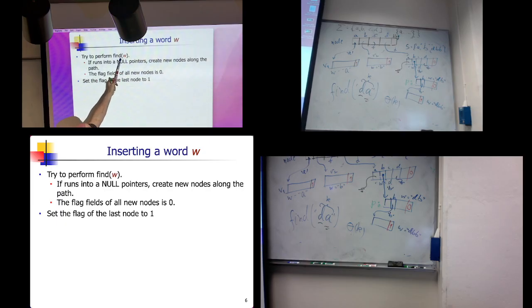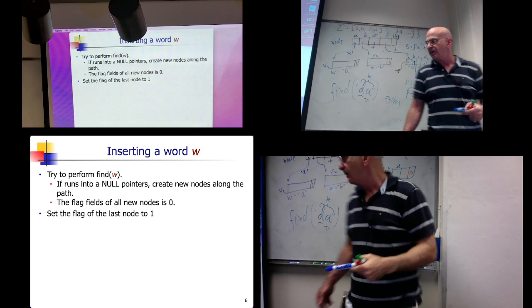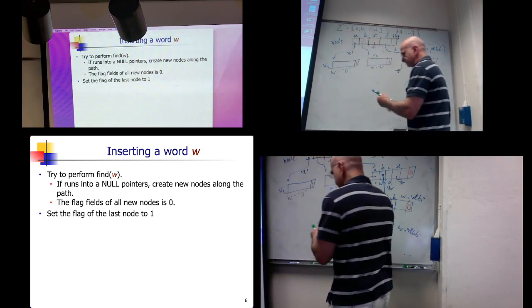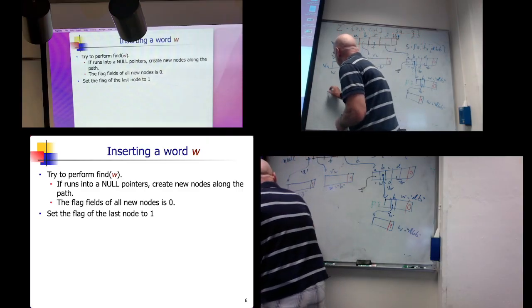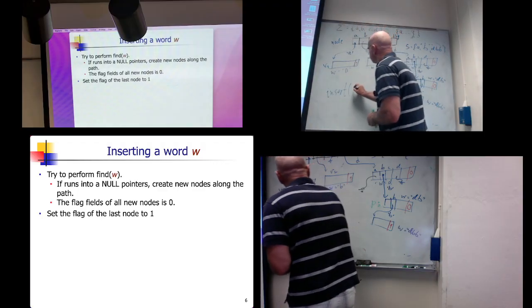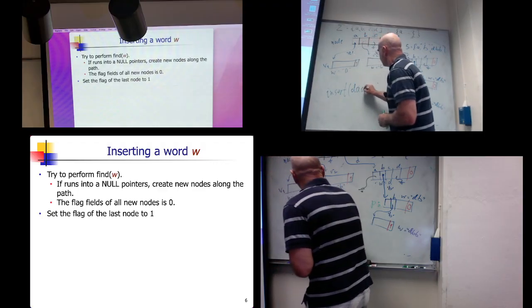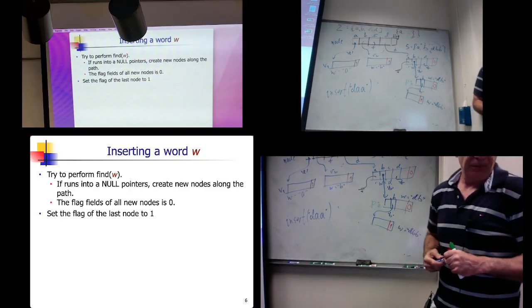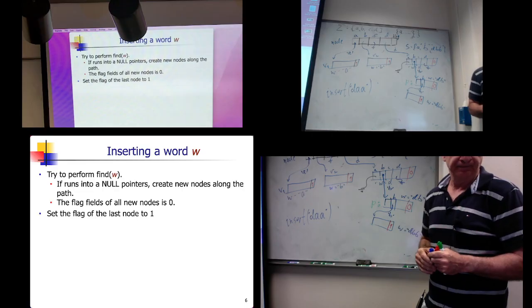If during the find operation I didn't find it, because the find fails when I run into null, then I'm creating a new node or new nodes, depending on what I need to do. That is, let's insert DAA. I want to insert DAA.